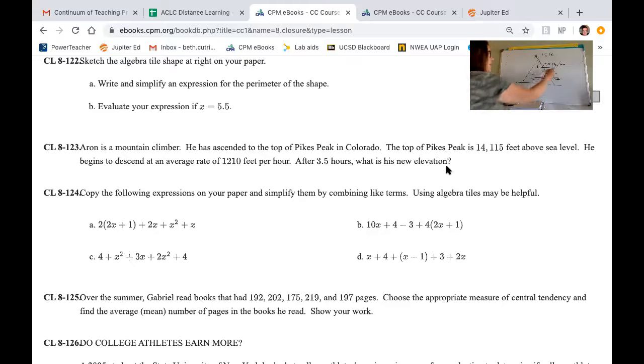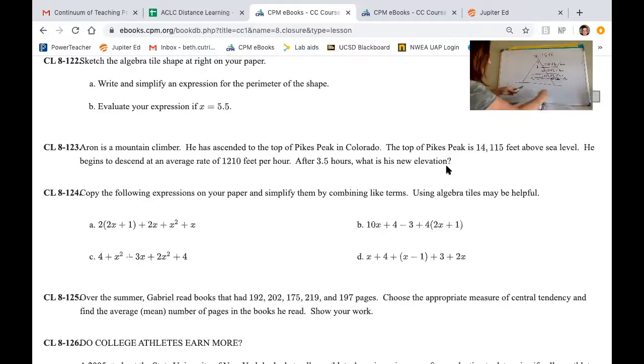So in 3.5 hours, he's gonna go about 4,000 something. So I'll let you guys figure. Wait, 9,000. Oh, because it's what's left.